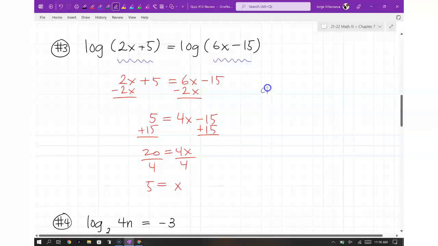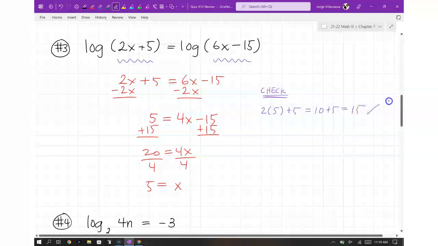So we're going to do a check step real quick. Again, I know that's annoying. The check step's always annoying, but unfortunately for logs, we got to make sure that our answer on the inside, once we plug in our answer, doesn't come out to a negative number, because if it does, then it messes it up and it doesn't work. So we got to see, does this work? If I plug in a 5 into 2x plus 5, that comes out to 10 plus 5, which is 15.